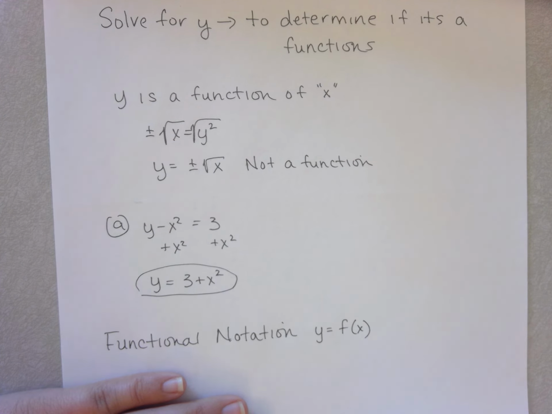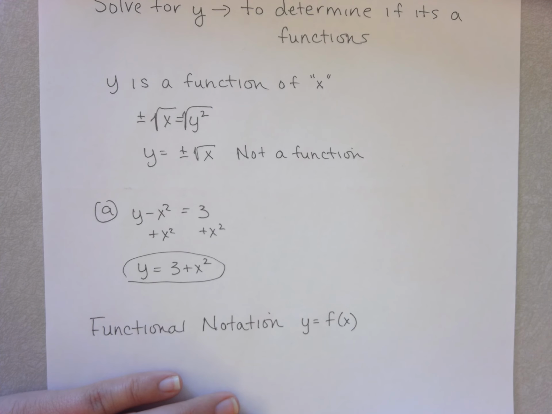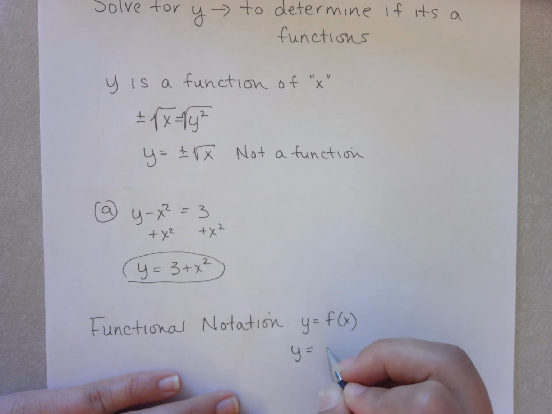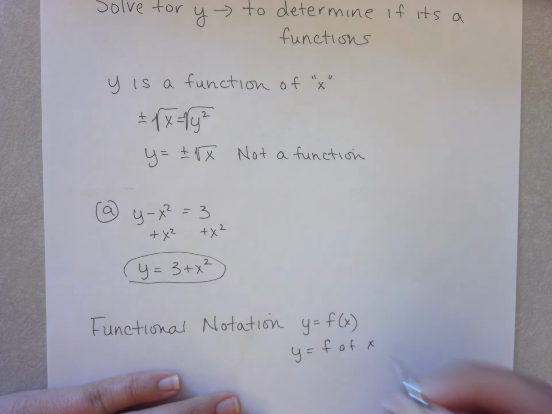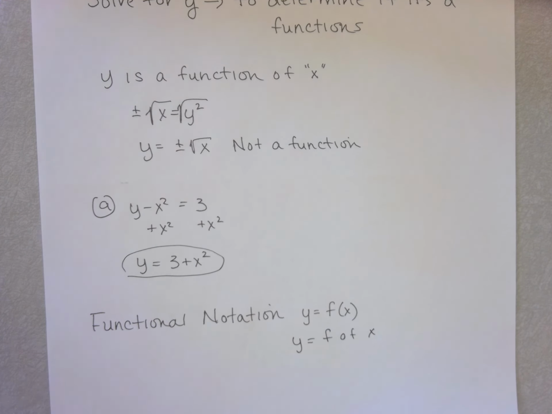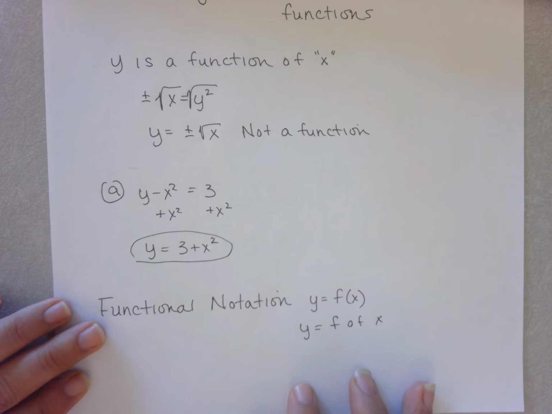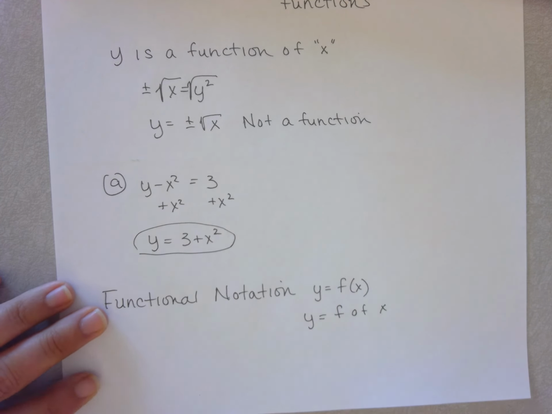Now f of x is common, but we can use g of x or h of x or m of x, but we use this of x notation. And it's said y equals f of x. That's basically how we say it. It means that y is a function of x. And we use that in place of y because then that tells us quickly, yes, this is a function, you don't have to think about it.